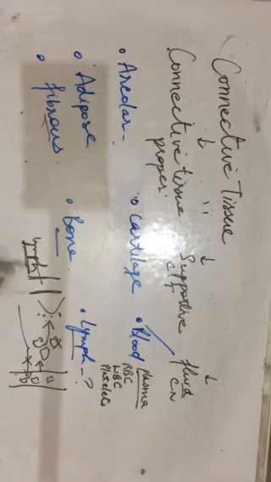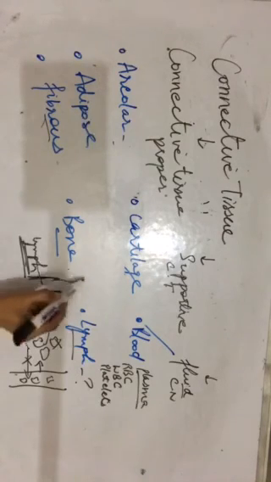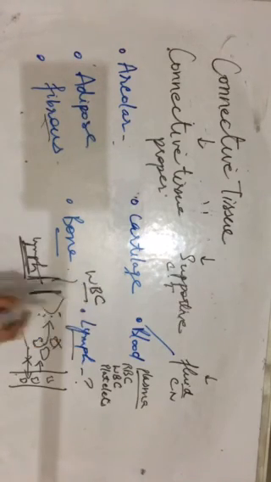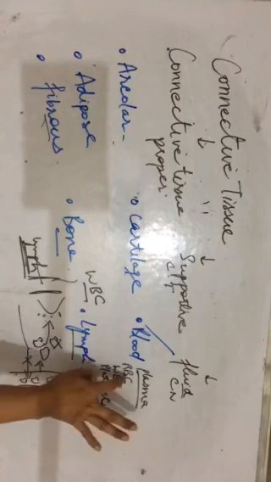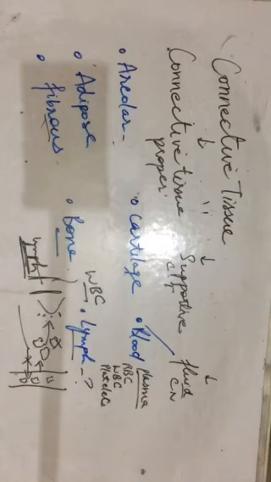This is known as lymph. Lymph only consists of WBC, so that is why lymph is not red, because blood is red due to RBC. Lymph does not have RBC, so the color of lymph is basically white.